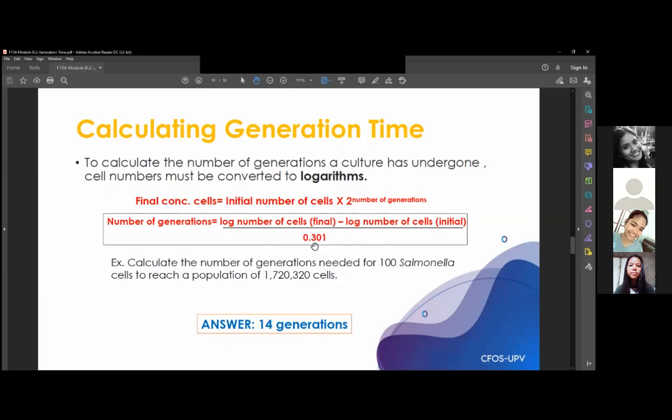So the 0.301 is what? That is the log 10 of 2. So if you are looking for the number of generations, yung 0.301 is also our constant. Okay ba yon? Okay. So yan yung ating example.